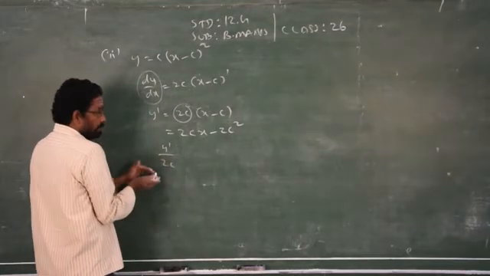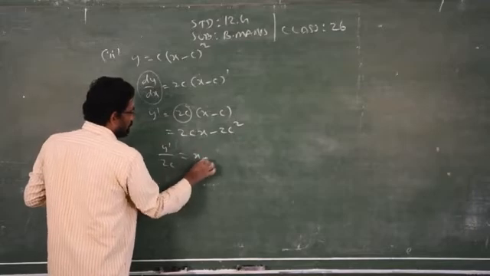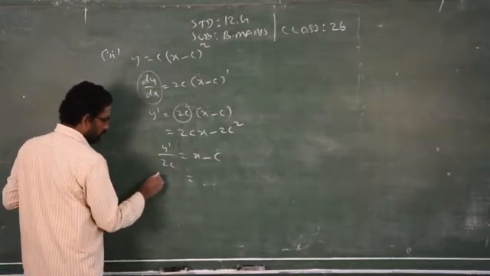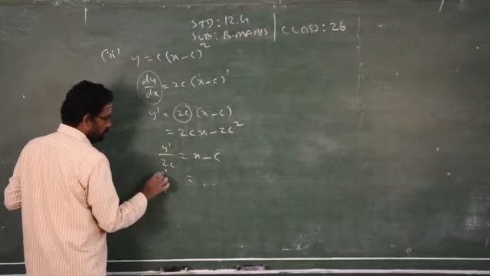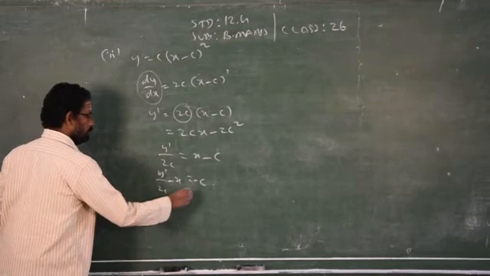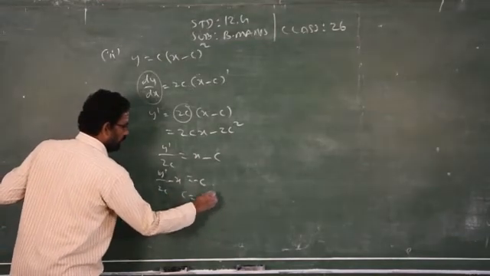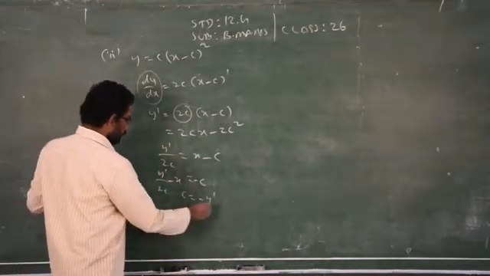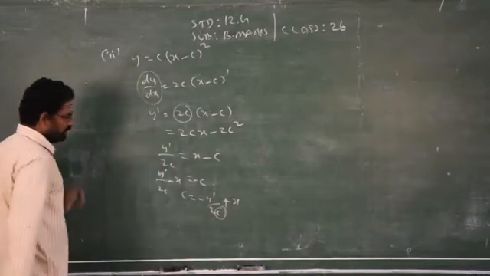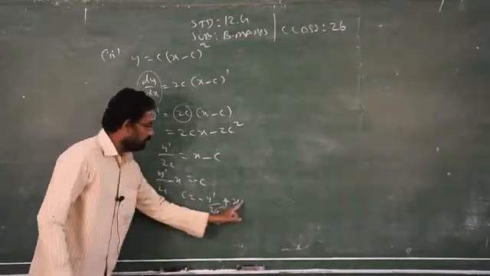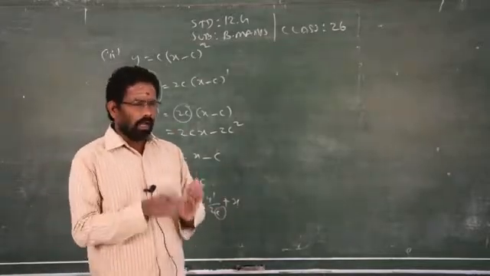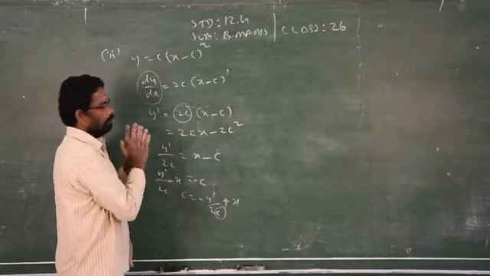Just I am seeing the possibilities, x minus c. Then you need only x, y dash by 2c when you transfer this x minus c. So if you take c alone, you will get minus y dash by 2c plus x. But again c is there. If you take c this side, again xc will come. So you cannot separate c alone from this model.